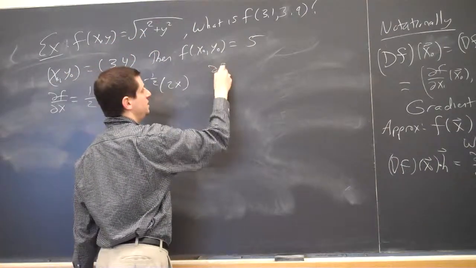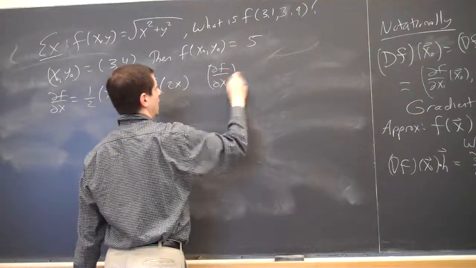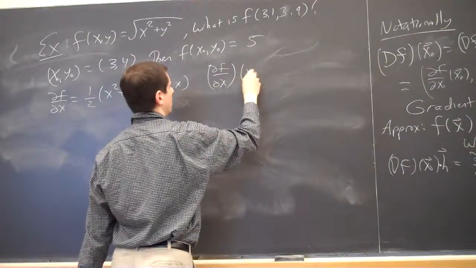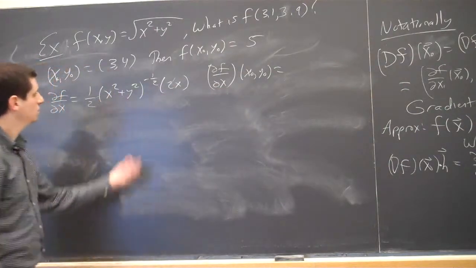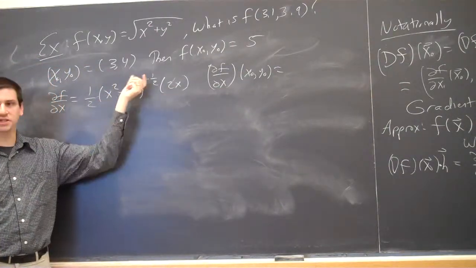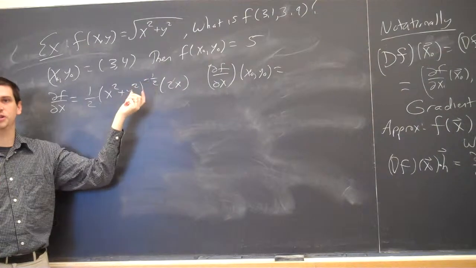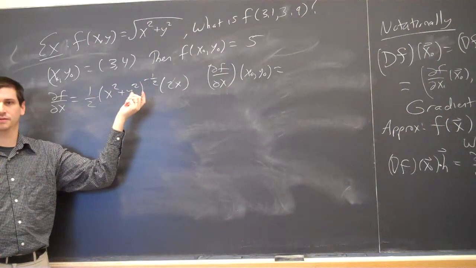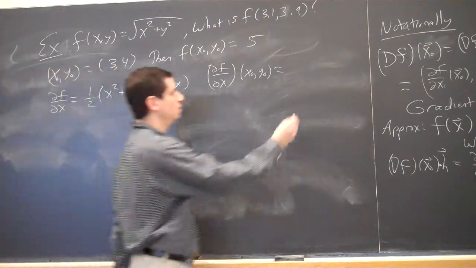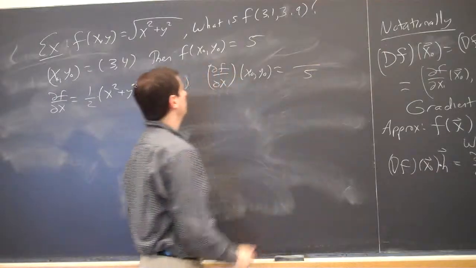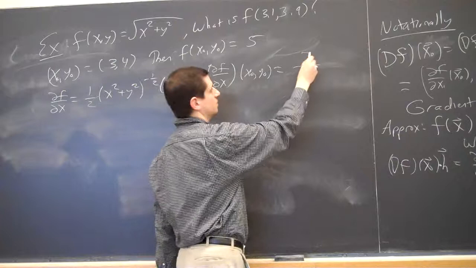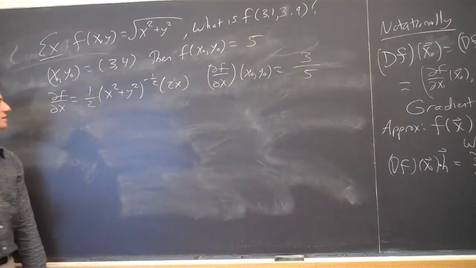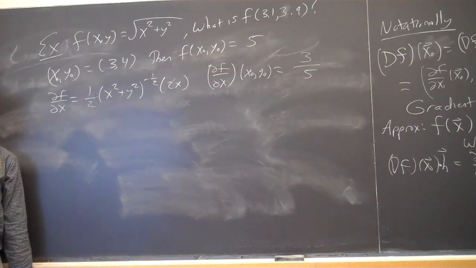So df dx at the point x naught, y naught, the 2's cancel. What's x squared plus y squared to the minus 1/2? That's just going to be 1/5, so 5 comes down below. And then I just have x naught up top, which will just be 3. So df dx at the point I care about is just going to be 3/5.